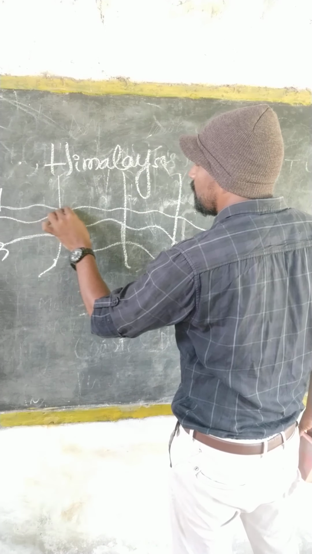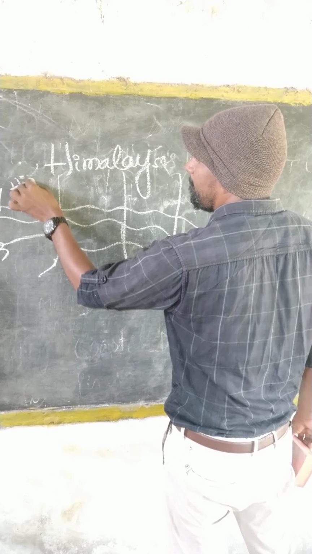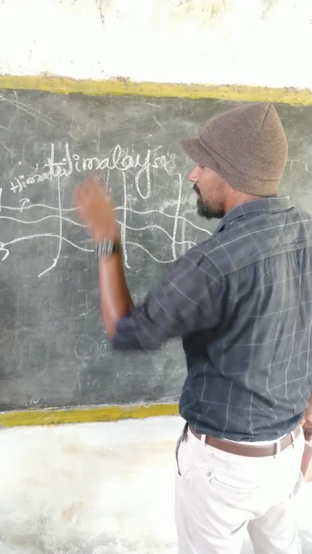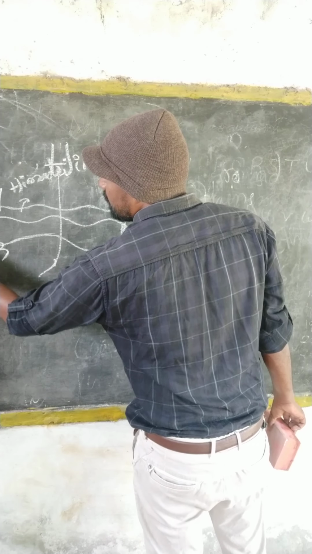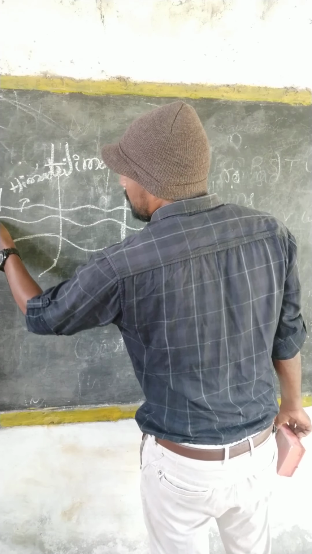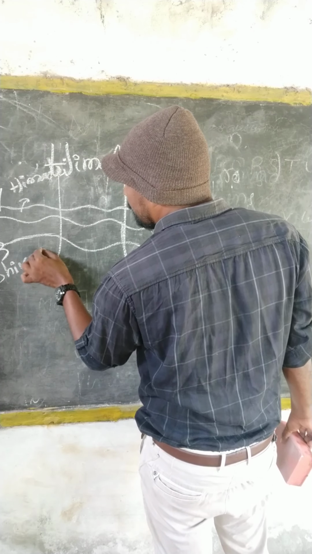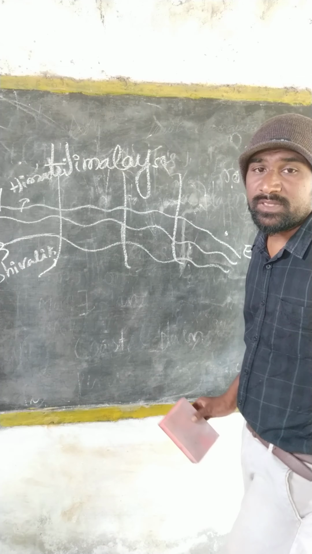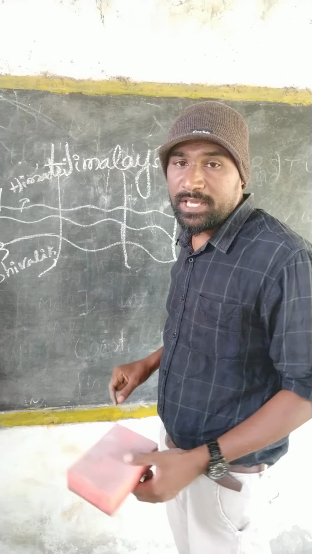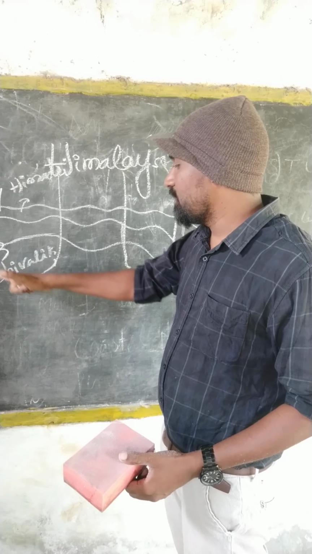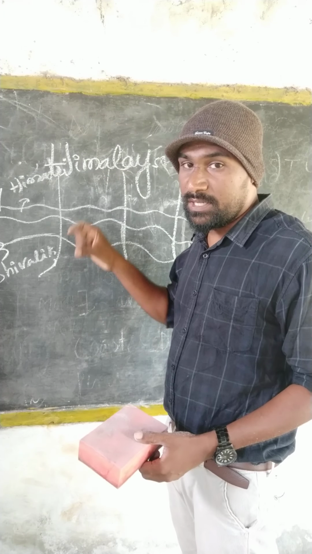The whole upper range is known as Himadri, the second one is known as Himachal, and the third one is Shivalik. Okay, so these three ranges we find in the Himalayas. With the help of these three, we understood the total Himalayas.